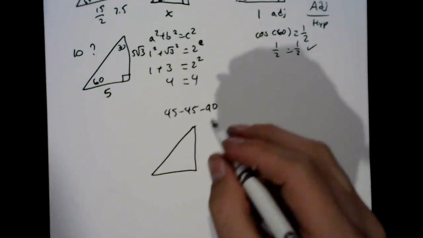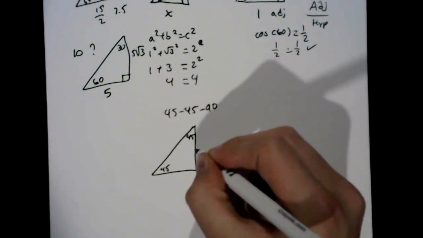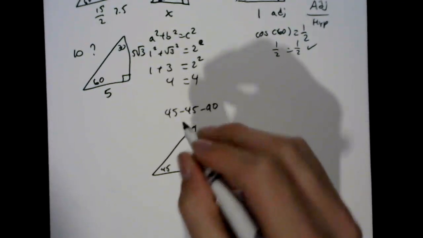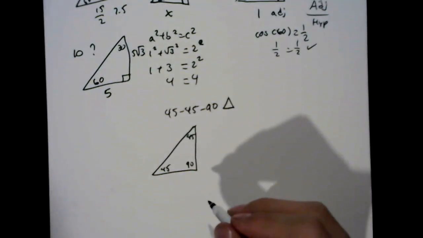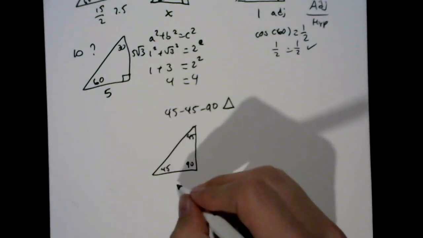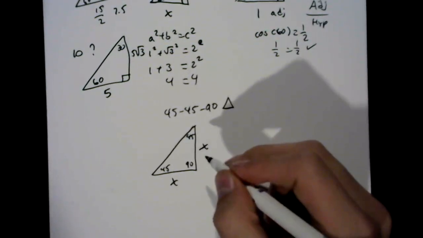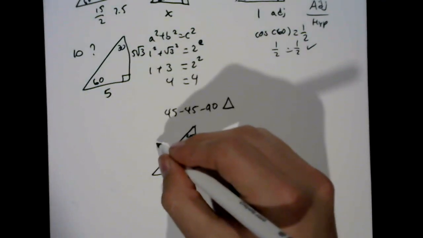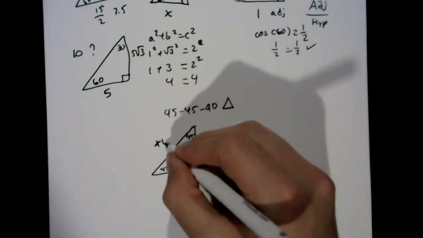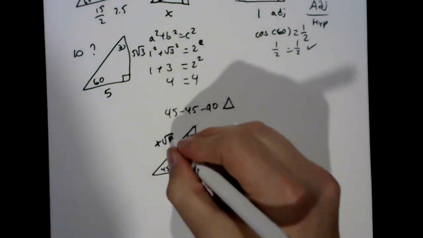So we have a 45-degree angle, 45-degree angle, 90. In an isosceles triangle, you should know that both legs are equal. The theorem states that the legs are equal and the hypotenuse is x square root 2.